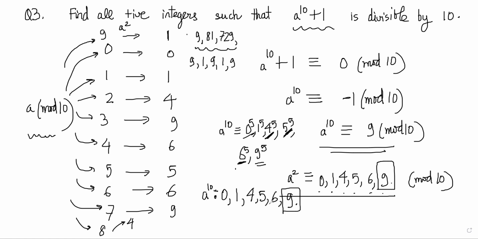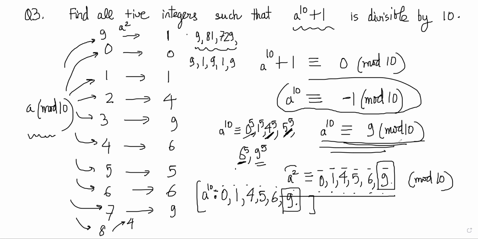So what I'm concluding from this is that since a square is 0, 1, 4, 5, 6, 9 mod 10, a power 10 will also be 0, 1, 4, 5, 6, 9 mod 10, right? So that means if I want a power 10 to be 9 mod 10, my a square should be 9 mod 10, right? That was coming in which cases?